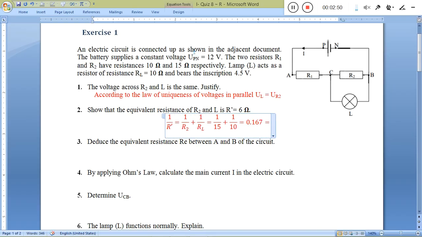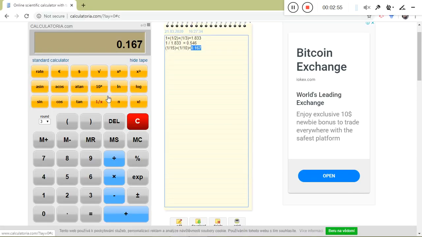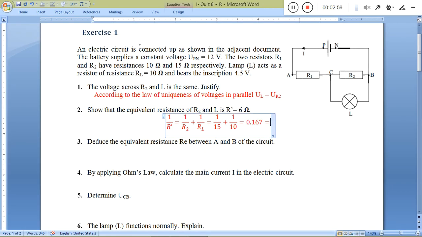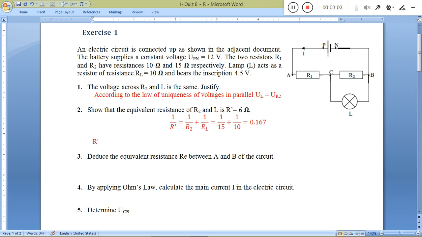We need R prime and not 1 over R prime, so we just take the reciprocal. It's 5.988, so R prime equals 6 ohms.